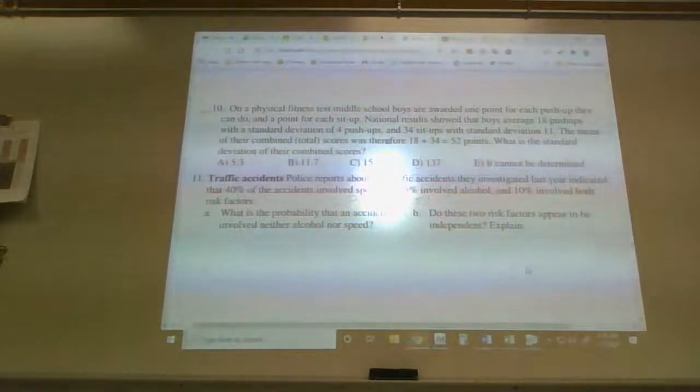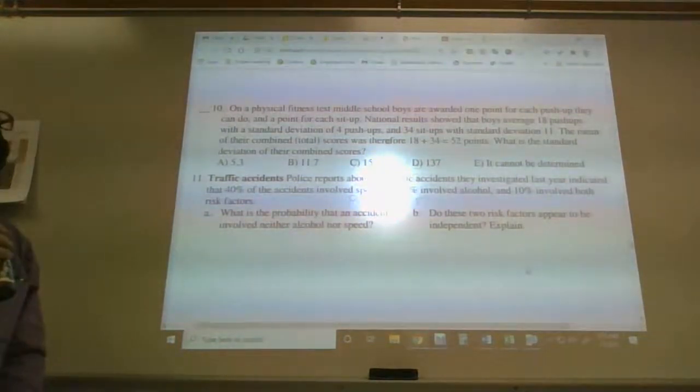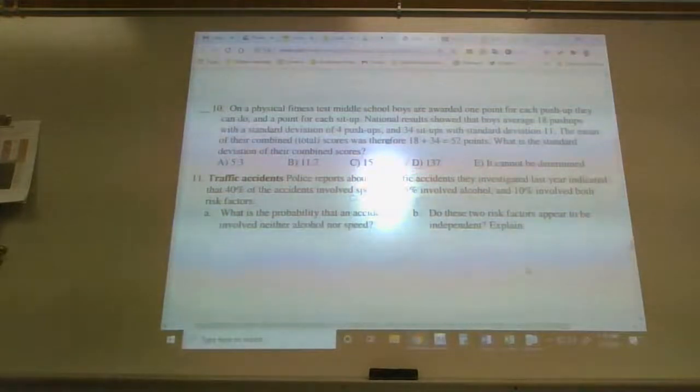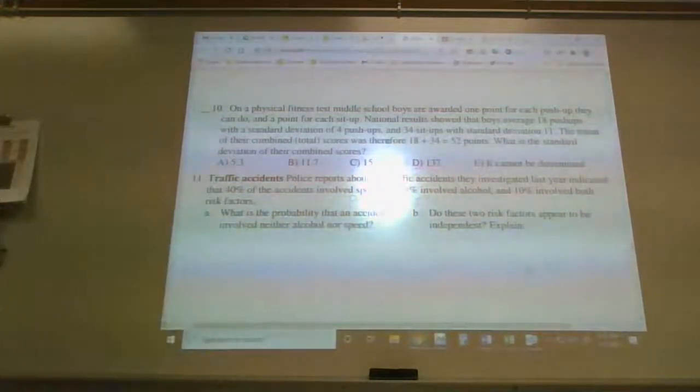Logically, if you are a person who can do a ton of push-ups, you could do a lot more sit-ups, and vice versa. If you were someone who couldn't do a lot of push-ups, then probably you can't do a lot of sit-ups.